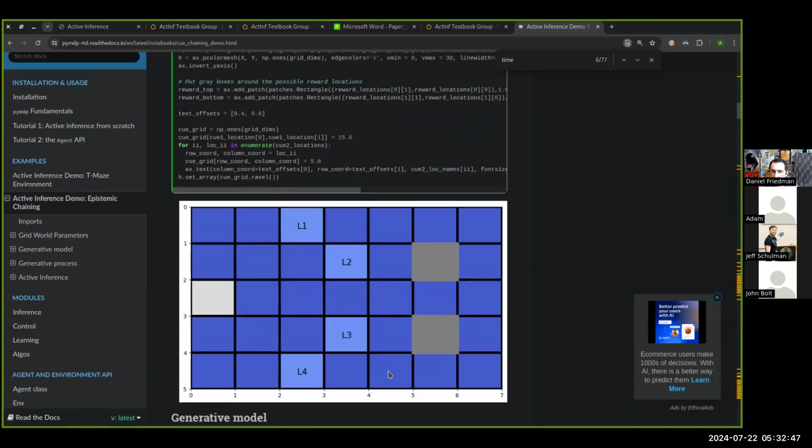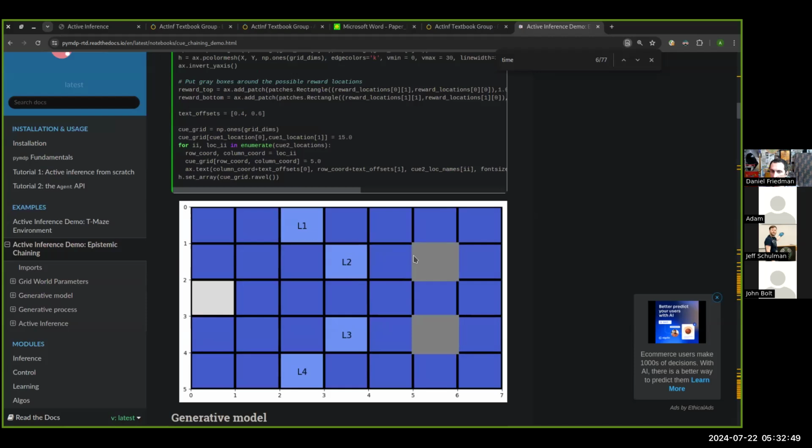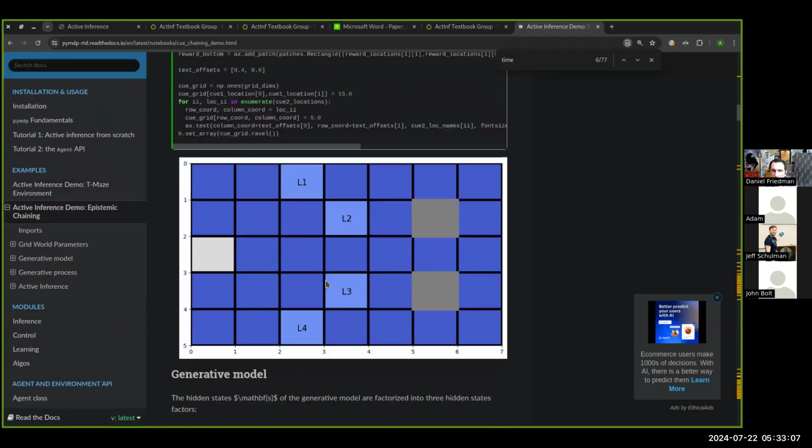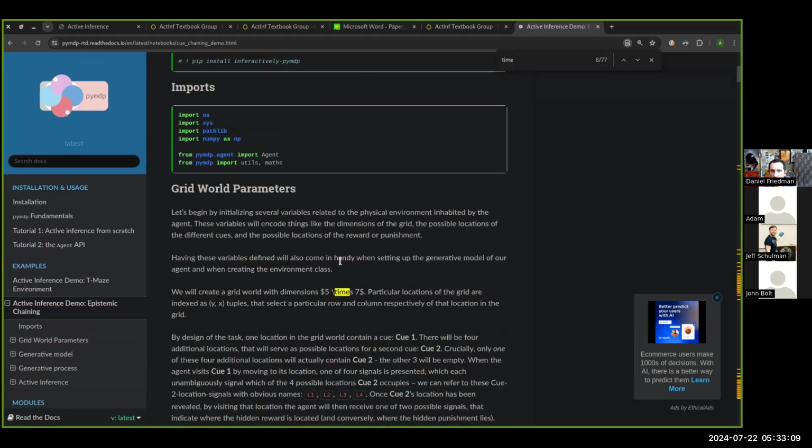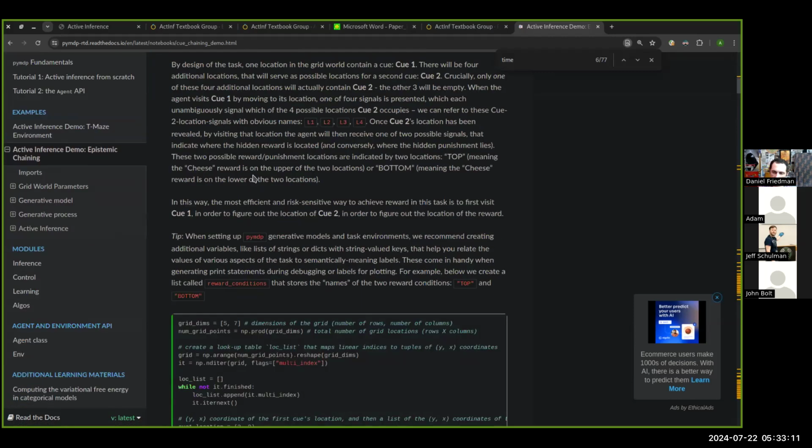So in this world, there's 2 possible places where there could be food or not. So it's kind of like a T-maze. However, the reason why it's called epistemic chaining is that there's different places where information can be found, and that information reduces uncertainty about where the food is. So that's the generative process. They just call it grid world.